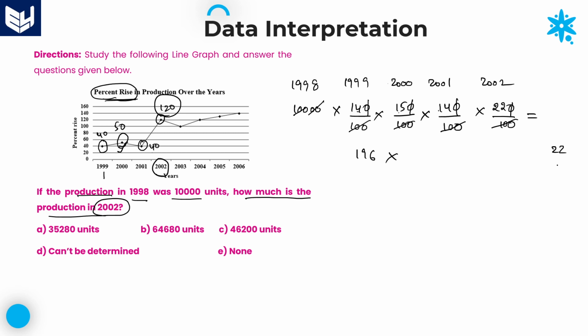What is 22 into 15? Here it is 10, and 10 plus 1 is 11, and this is 2 2 0, 3 3 330. 330. Now the product of these two is our required answer.